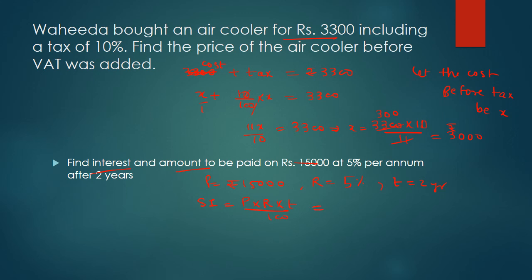P is 15,000, R is 5, time is 2 upon 100. 0 gets cancelled with 0. 15, 5 2s are 10, so 2 zeros. 1500 is the simple interest for 2 years. So amount will be principal plus simple interest, that is 15,000 plus 1500, so 16,500 rupees. Clear?